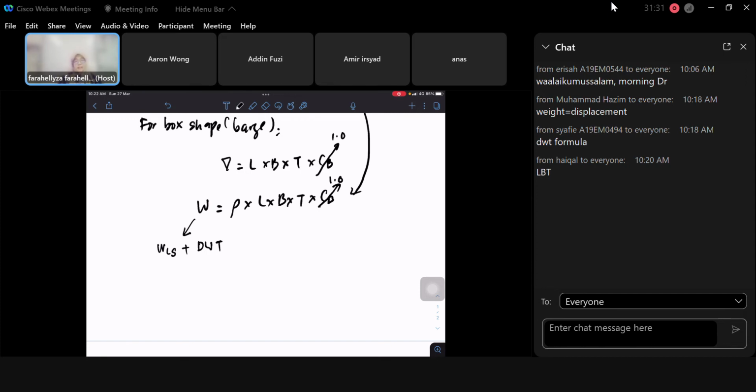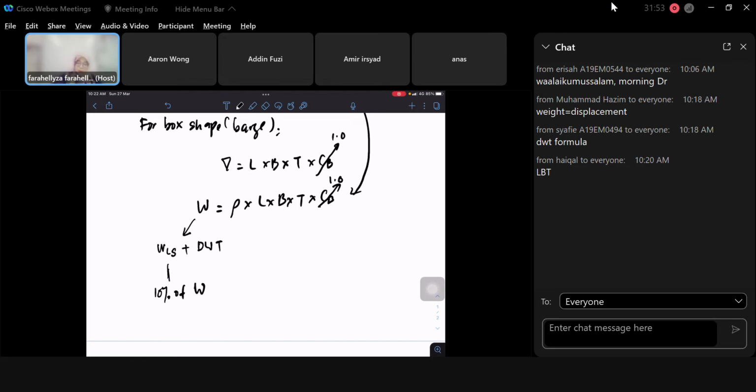So that is light ship weight. The empty vessel. So it says here in the question, the weight of empty barge is 10% of the total weight. So 10% of W basically.